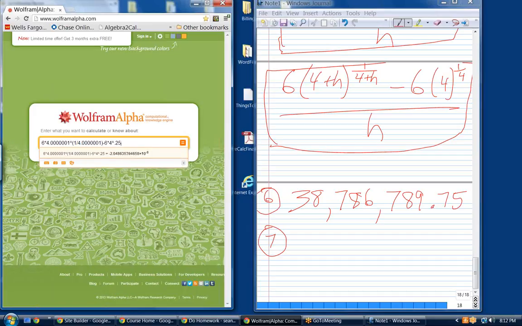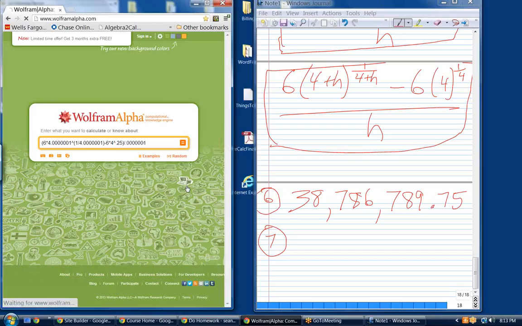All of that divided. Okay, let me put parentheses around all of it. And divide the whole thing by 0.123456.